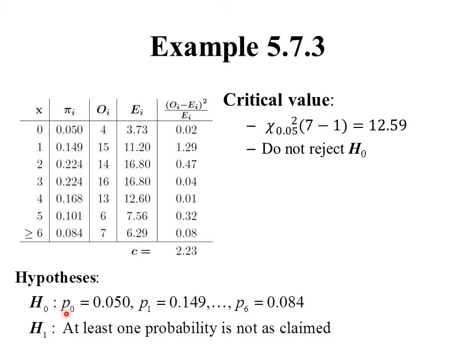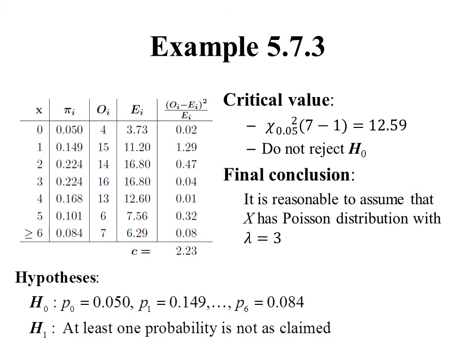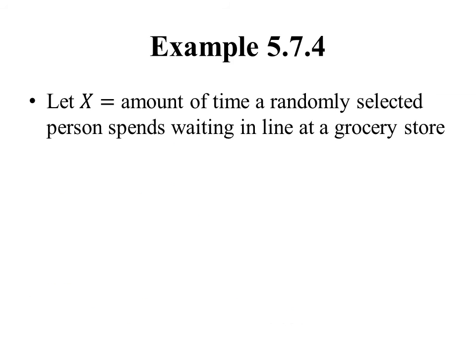The null hypothesis is really the same as the claim that the random variable has a Poisson distribution with lambda equals 3. And so the final conclusion in non-technical terms is that it is reasonable to assume that x has a Poisson distribution with parameter lambda equals 3. So that's the basics of using the chi-squared goodness of fit test.